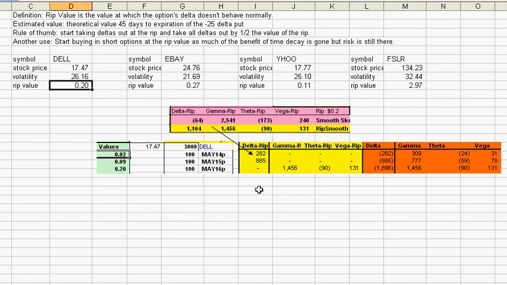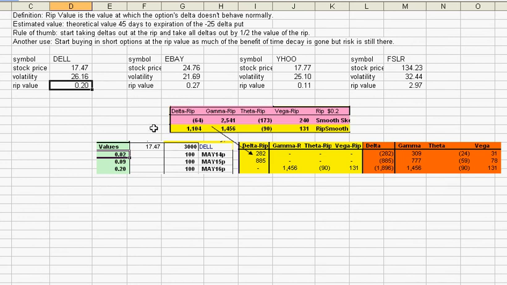So you could see that your positions are quite different. Whereas you're basically flat in a Black-Scholes calculation, treating the RIP values or the small option values and taking them out of your position, you're actually quite long. You're rooting for the stock to go up, rooting for Dell to go up with that much of a stock position. All right, so that's the risk management part.